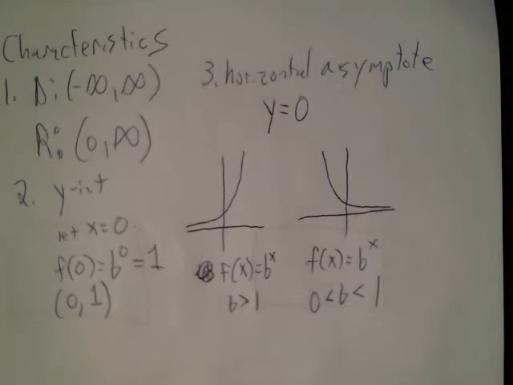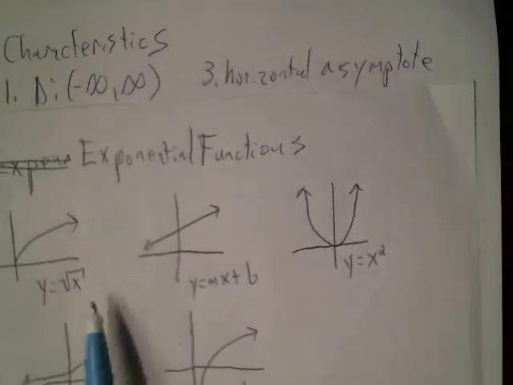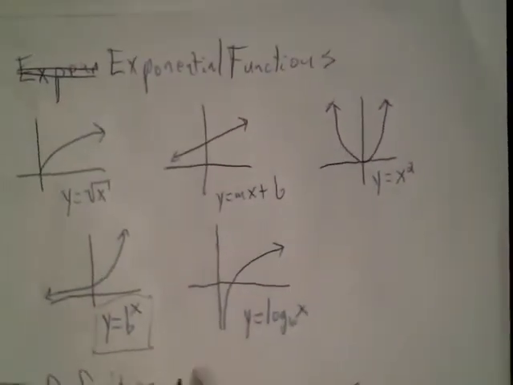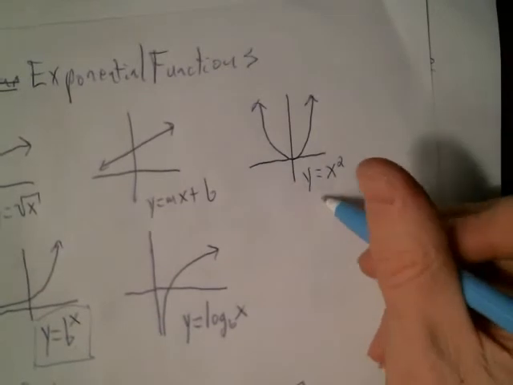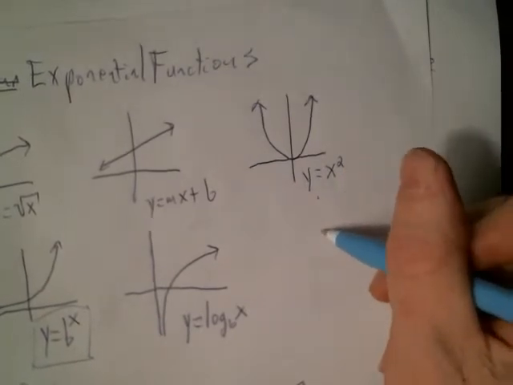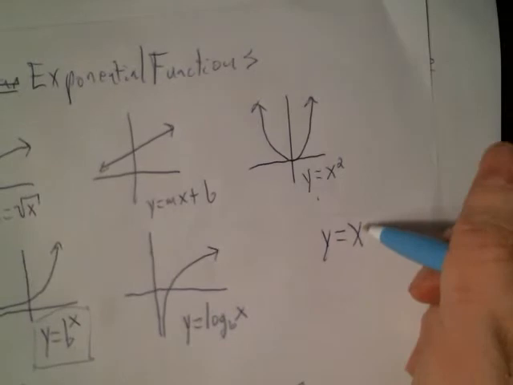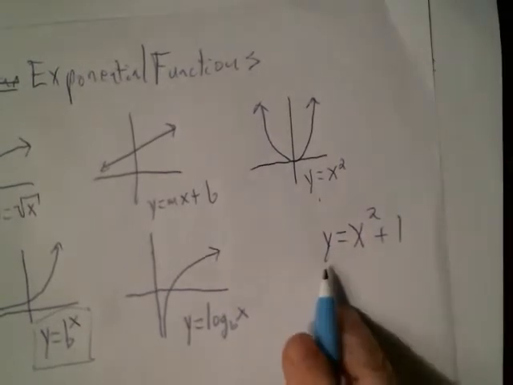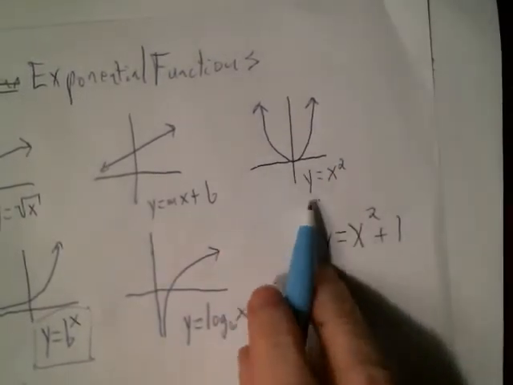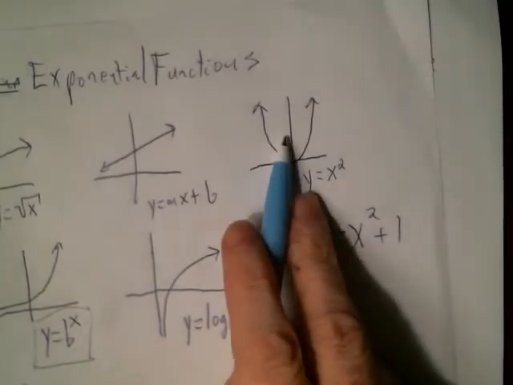One thing you'll study after a while, once you get to college algebra, is the results of adding things in and subtracting things away from this kind of parent function. So what you'll have is a bunch of parent functions, and then you'll be able to figure out, for example, if I was given y equals x squared, and I wanted to draw y equals x squared plus 1, I could do that just by moving this thing up one place.